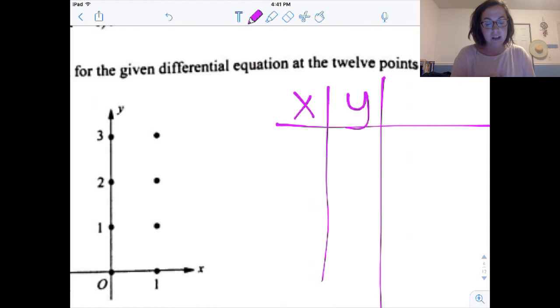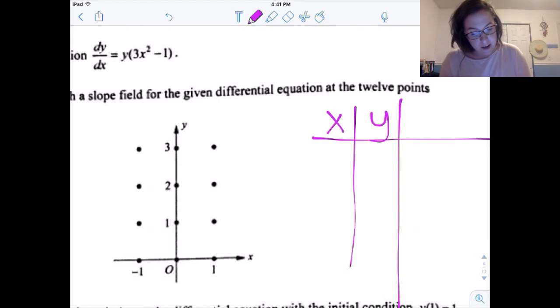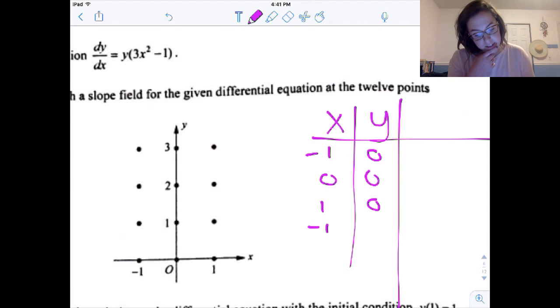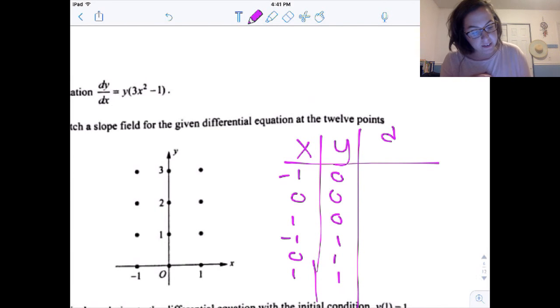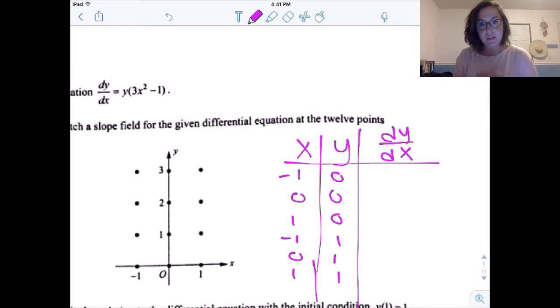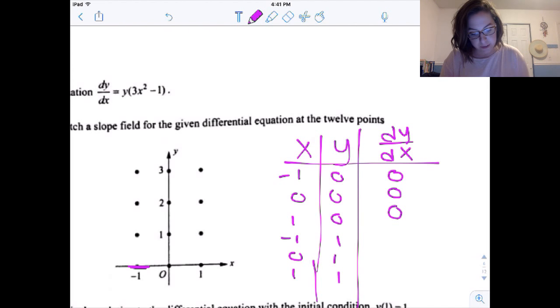So I know that I have (negative 1, 0), (0, 0), (1, 0), (negative 1, 1), (0, 1), (1, 1). Keep going like that. When you plug in those values, anywhere that y is 0, this is going to be 0. So all of these values here, it's 0. So that helps. That'll be an isocline, right? So my slope at each of those would be 0. So that's my isocline for 0.